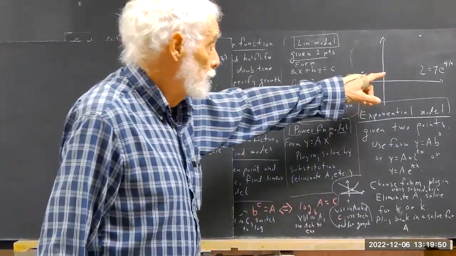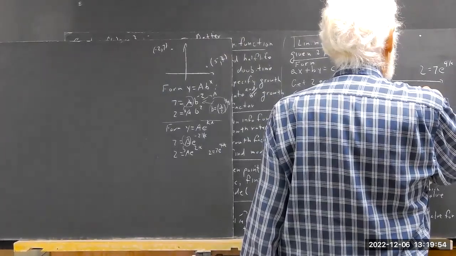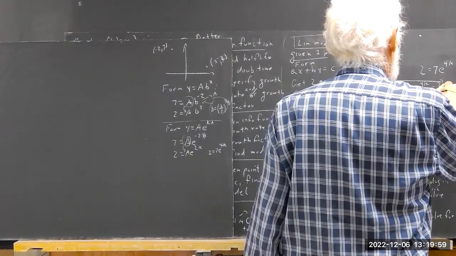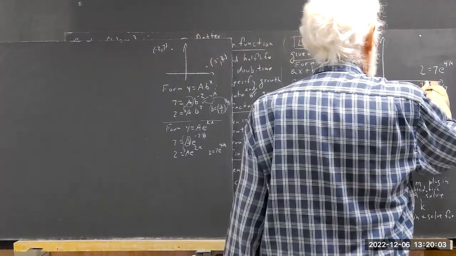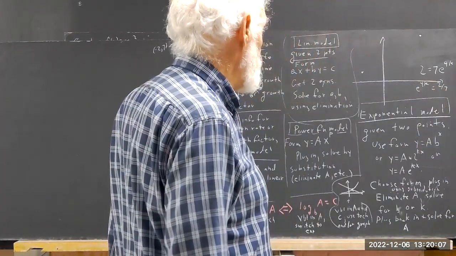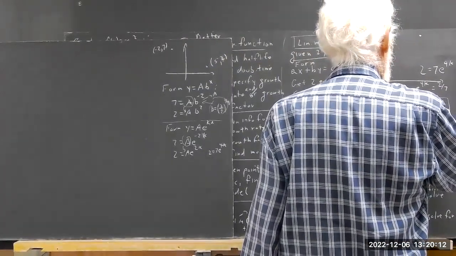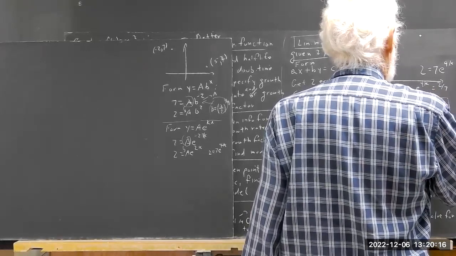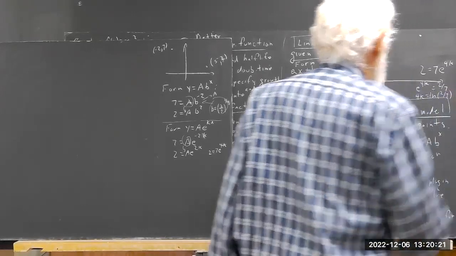Okay, it changes this equation to the form e to the 4k equals 2/7, which then becomes k equals the natural log of 2/7.